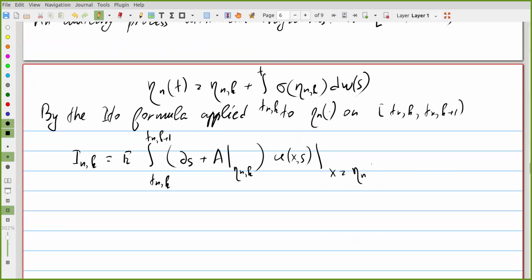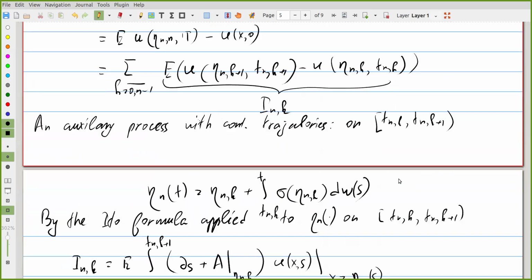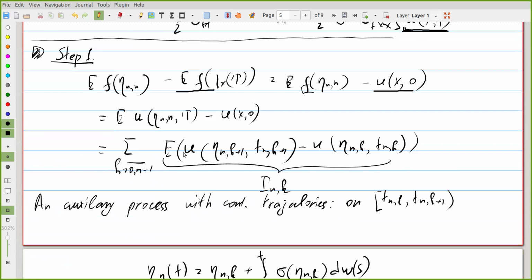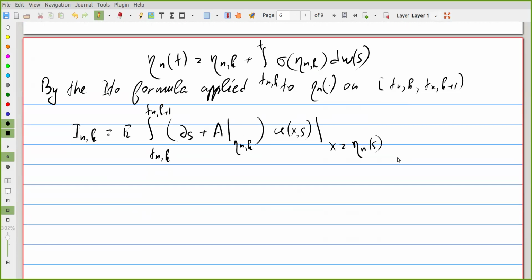So, first of all, we use the Itô formula to this expression. So u(eta_n^{k+1}, t_n^{k+1}) is equal to u(eta_n(t_n^{k+1}), t_n^{k+1}).